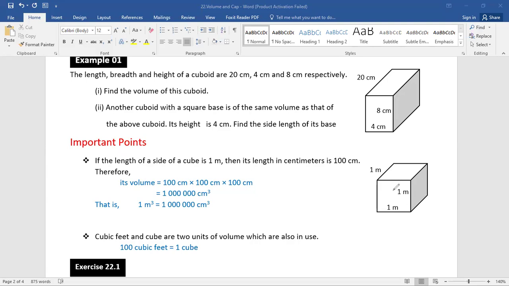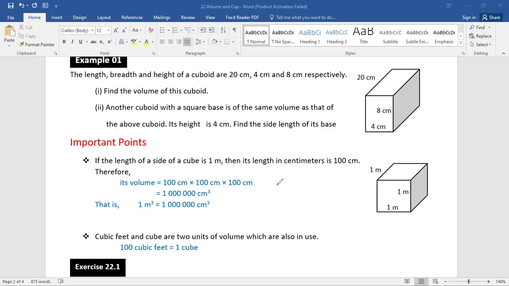Each and every length of the side is equal. Then its length in centimeters is 100 centimeters.